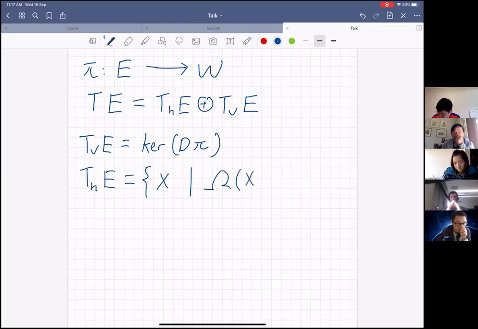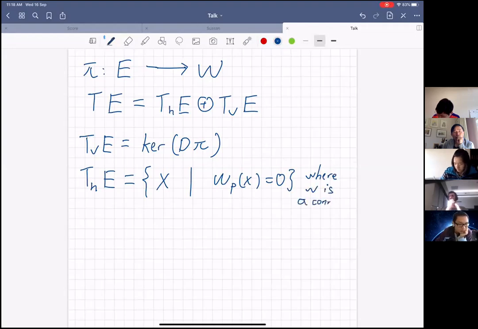this should be a two form, I should write omega, which is the connection, okay, maybe I write it in this way. Omega is the connection form.